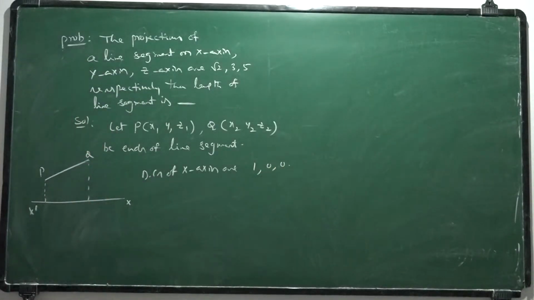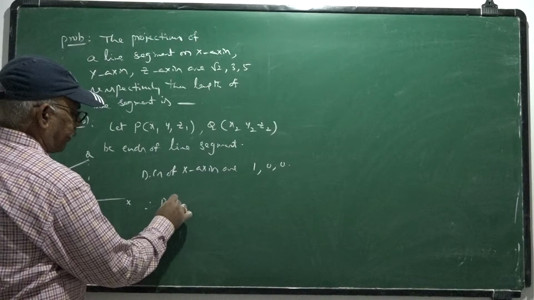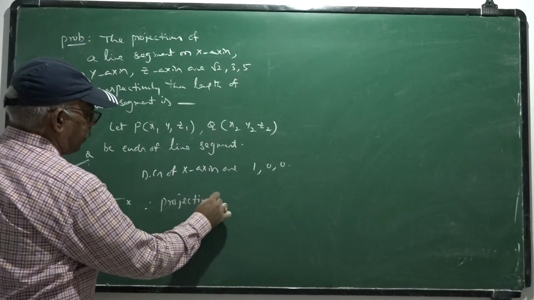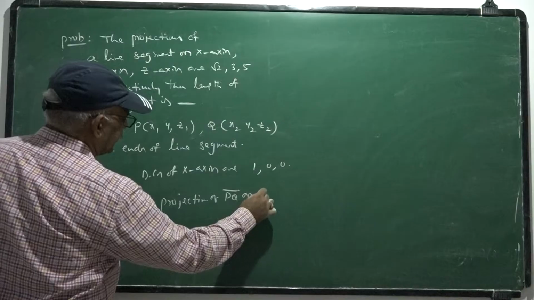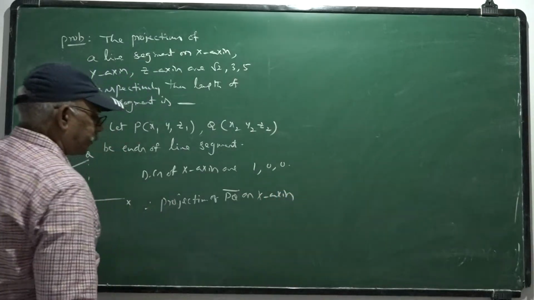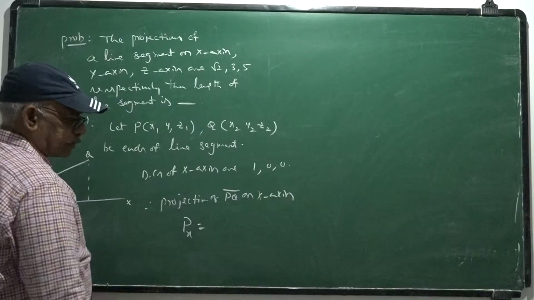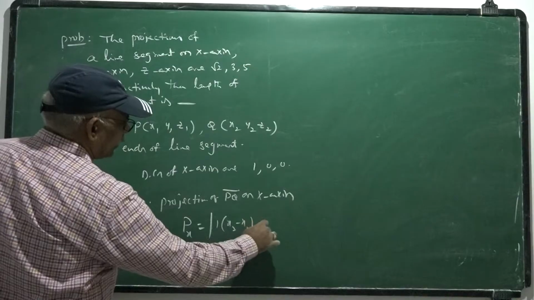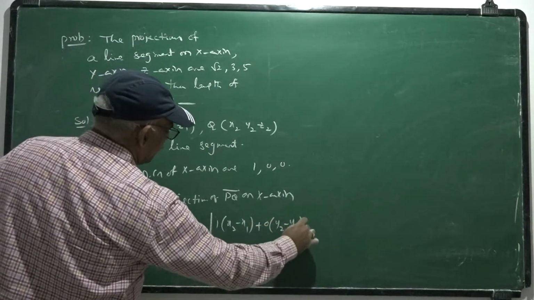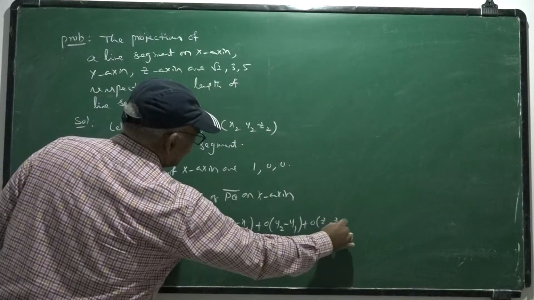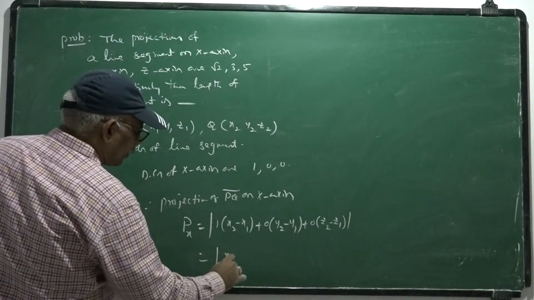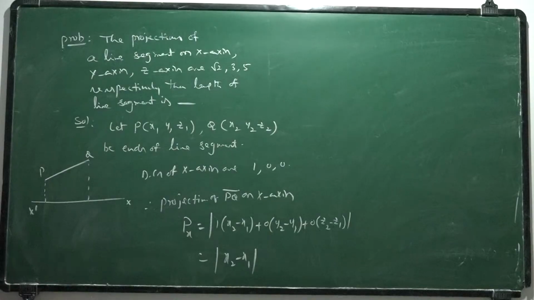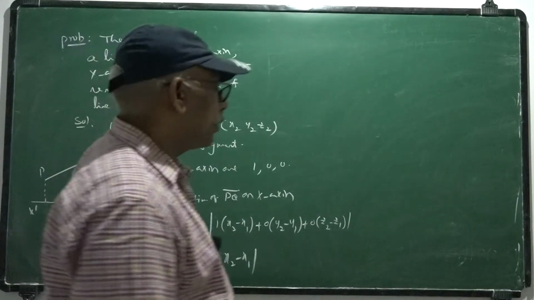Already we know that DCs or DRs of x-axis are 1, 0, 0. Therefore, the projection of PQ on x-axis, let us suppose Px, is modulus of 1 into x2 minus x1 plus 0 into y2 minus y1 plus 0 into z2 minus z1, which is nothing but modulus of x2 minus x1 itself. That is the length of the projection of PQ on x-axis.